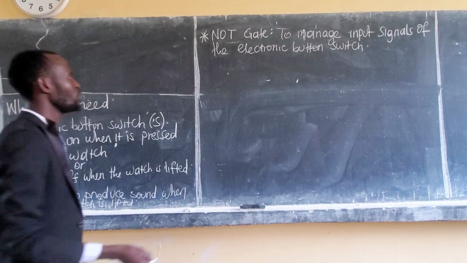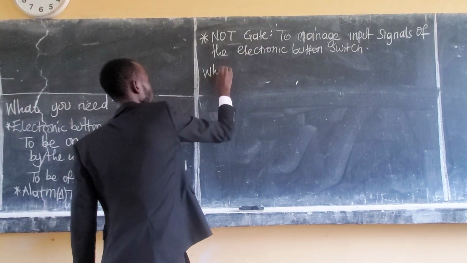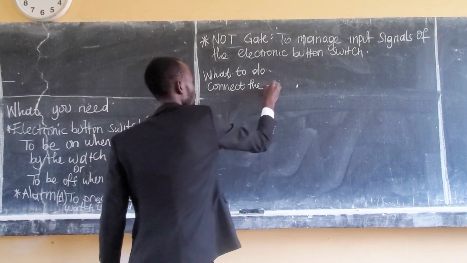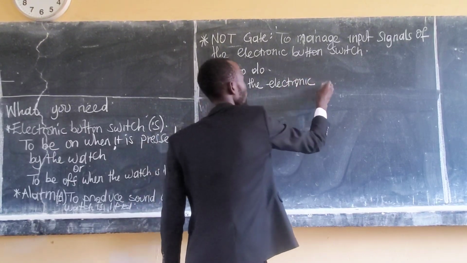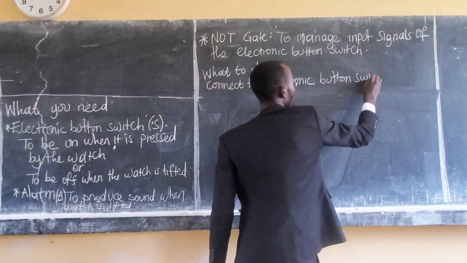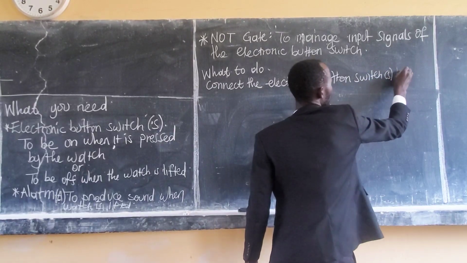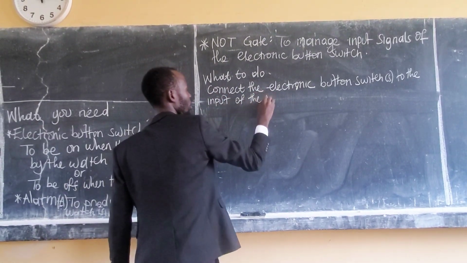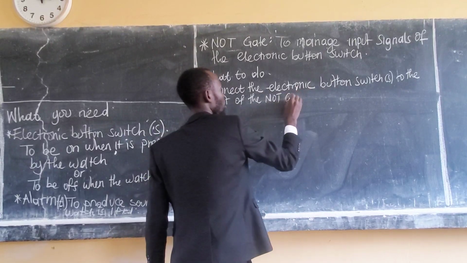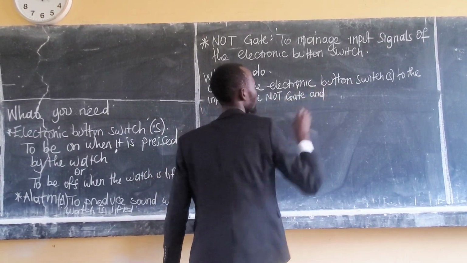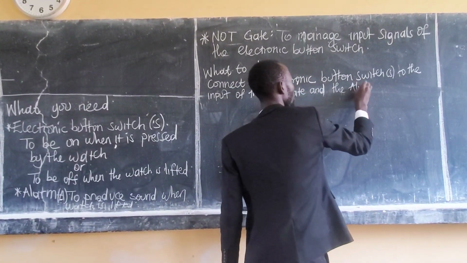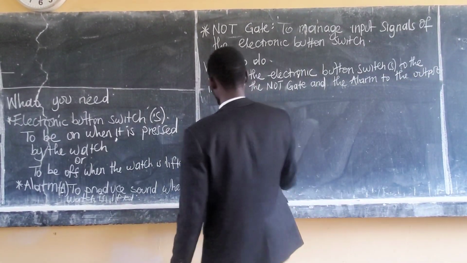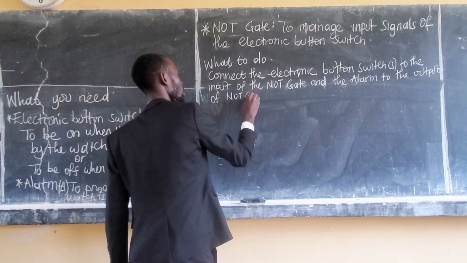So what are we going to do? Connect the electronic button switch S to the input of the NOT gate, and the alarm to the output of the NOT gate, like here.